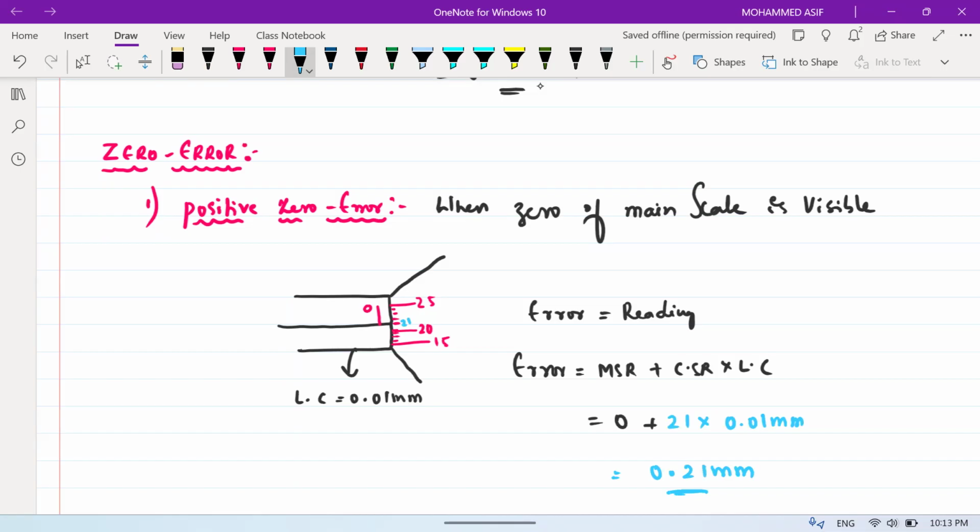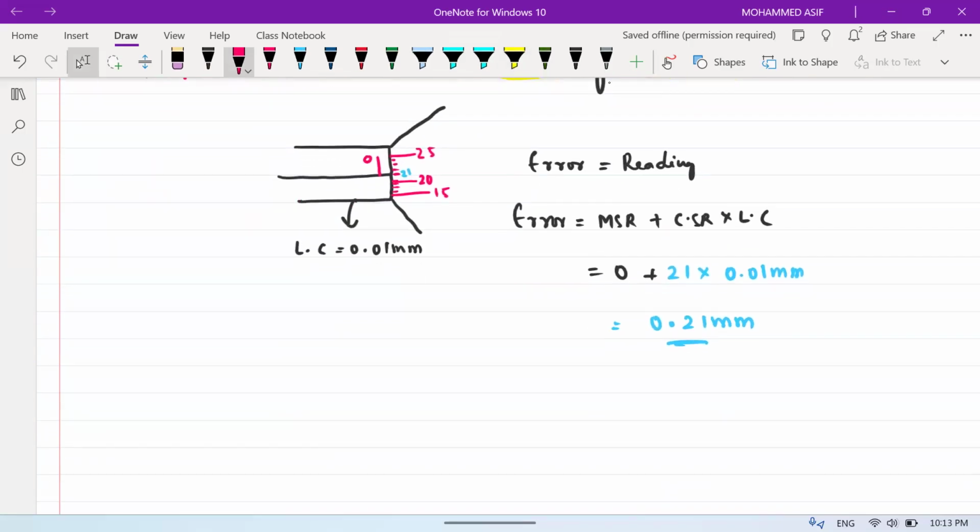Am I clear? Anyone any doubt in this one? What do you mean by positive error? If the 0 of the main scale is visible to you, then such type of error will be equal to your positive error. Or you can even remember it like this: if this is your reference line and this is your circular scale, if 0 of the circular scale is below the reference, then that will be your positive error.